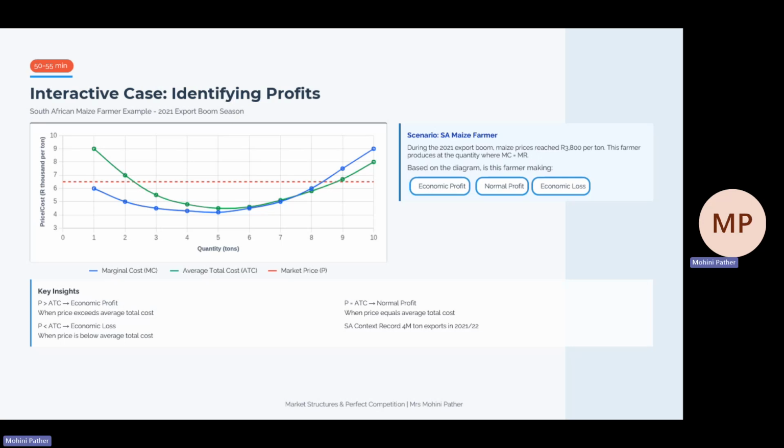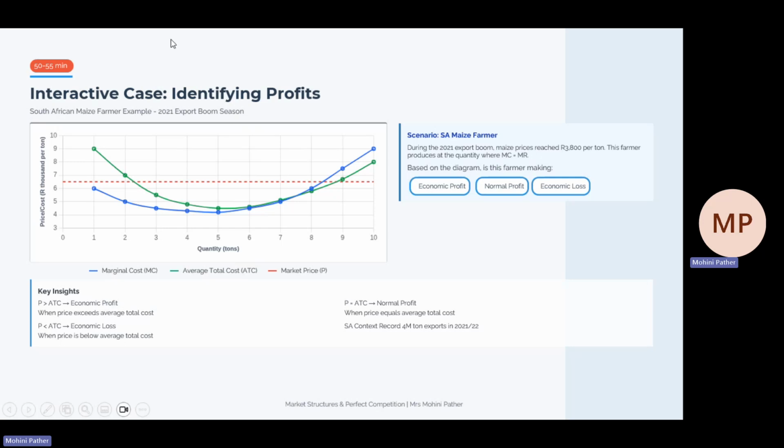Okay. So in the last 10 minutes, we have an interactive case identifying these different types of profits. So here we have on your y-axis the price and cost curves, and here on your x-axis, you've got quantity in tons. So this is a graph of the 2021 export boom season.